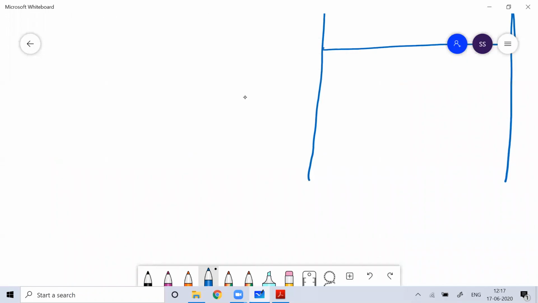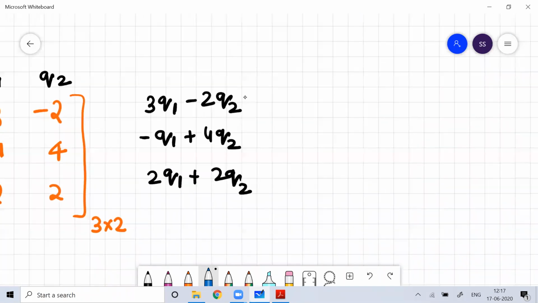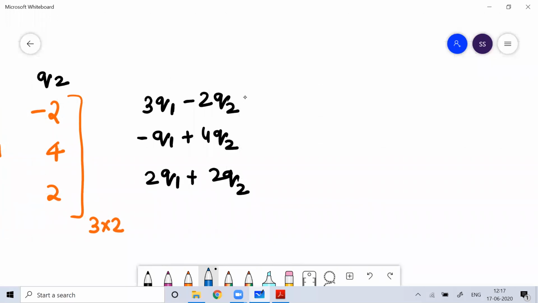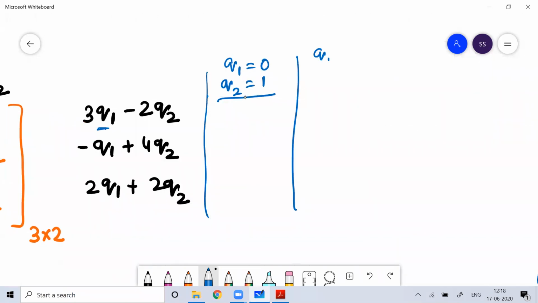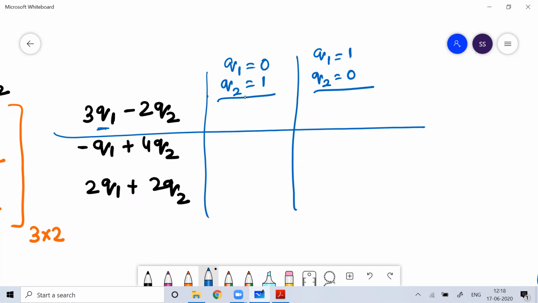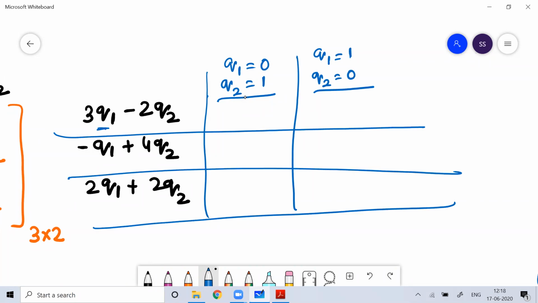If you remember what we do in the graphical method, we put q1 0 and q2 1, and here q1 1 and q2 0. If I put q1 0 and q2 1, I'll get the value minus 2.